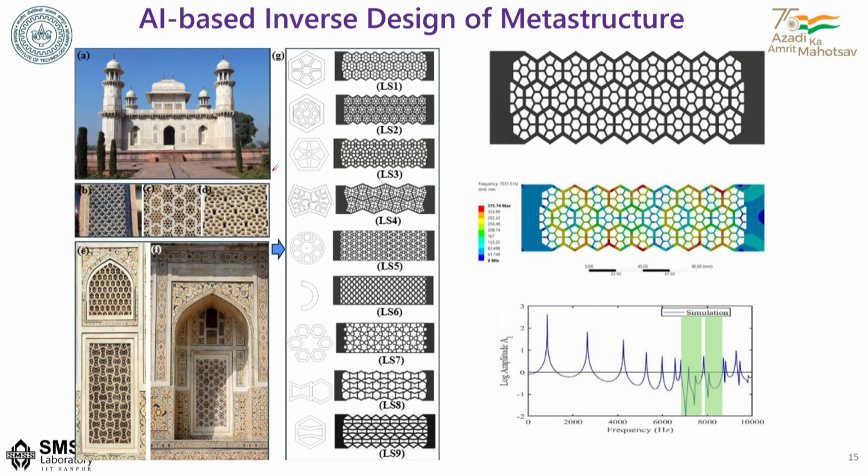Now, such repeated structures are not only available through designs by ourselves, but if you have a curious eye, like here I show you what we have discovered recently, that one of the mausoleums actually has many such metastructures embedded in it, in many different forms.